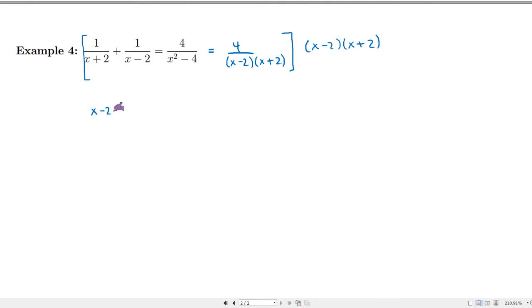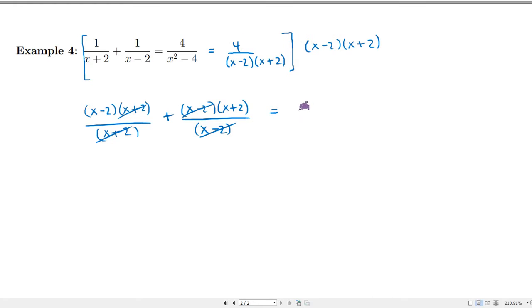But let's see that. X minus 2, x plus 2 divided by x plus 2, so yes, those reduce. And then plus 1 times this is x minus 2, x plus 2, divided by x minus 2, reduces the x minus 2. And then the 4 times this just gives us the 4, right?